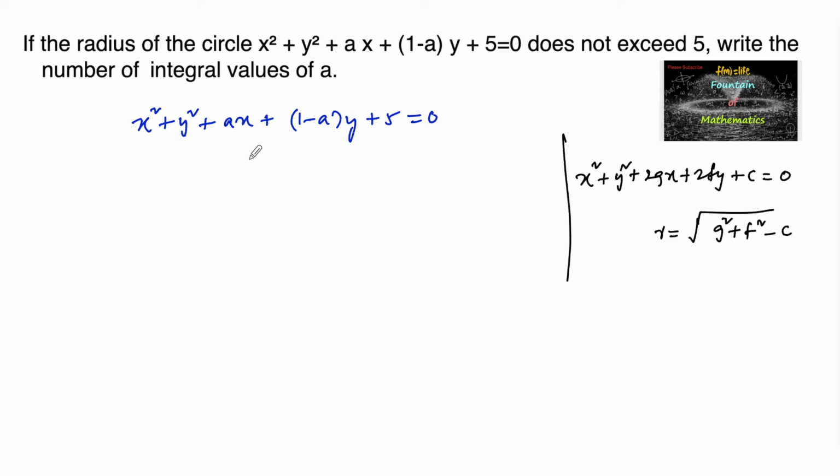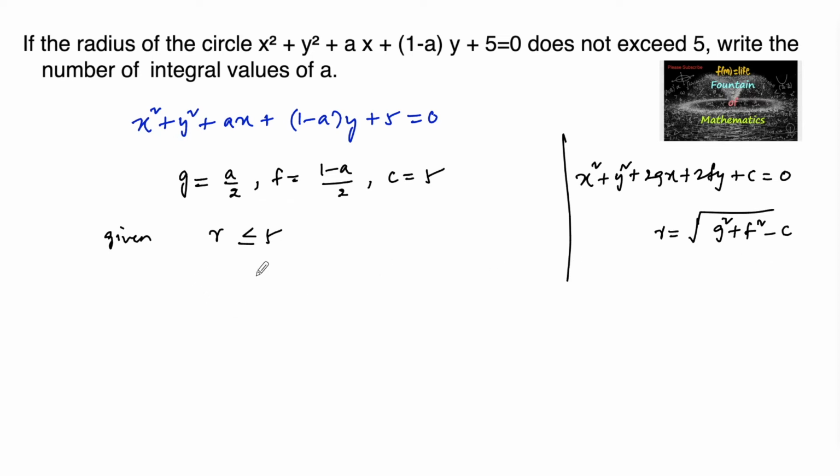So when comparing with the given equation, we have g is equal to a by 2 and f is equal to 1 minus a by 2 and c is equal to 5, and it is given that the radius does not exceed 5, which means it should be less than or equals to 5.